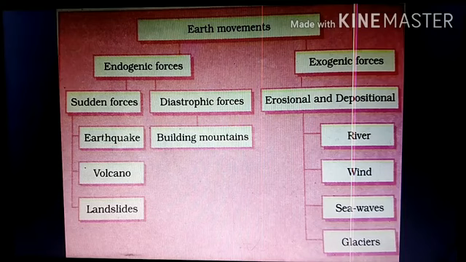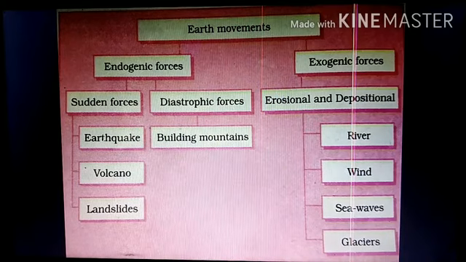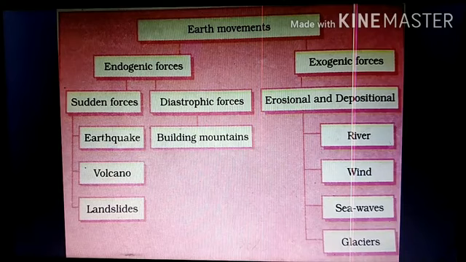Endogenic forces are again divided into two types: sudden forces and diastrophic forces. Examples of sudden forces are earthquake, volcano, landslides, etc. Examples of diastrophic forces are building mountains.